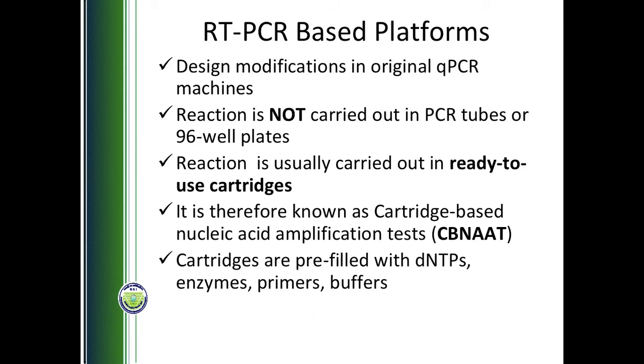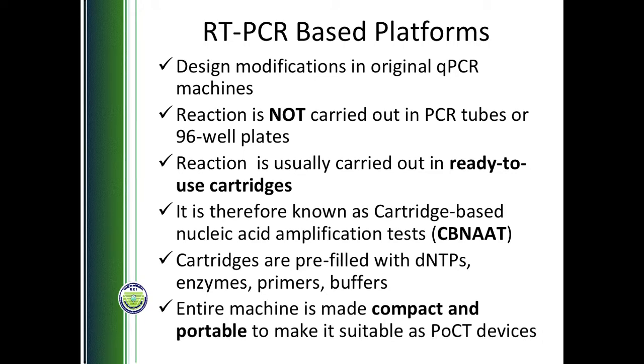Now the cartridges are pre-filled with nucleotides, enzymes for the amplification, reverse transcriptase, primers and probes, and buffers. Everything is pre-filled by the manufacturer in the cartridge, and therefore the person who is doing the testing has to do nothing, and the entire procedure becomes automated.